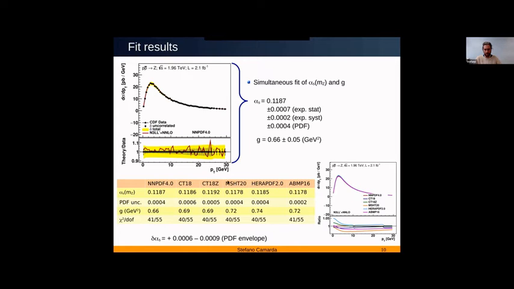And another interesting observation is that ABMP16 is actually a PDF strictly in 5 flavor that is fully consistent with the 5 flavor evolution that is used in the formalism of Catani, de Florian, Grazzini. And so basically in practice, these two choices are the largest spread on the envelope.